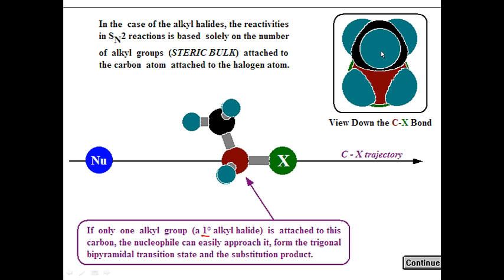With just one alkyl group attached to the carbon, the nucleophile has the ability to come close enough without any steric interactions to form the nucleophile-carbon bond, then move to the transition state and kick off the halogen in the substitution reaction.